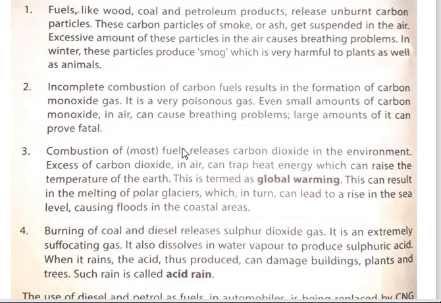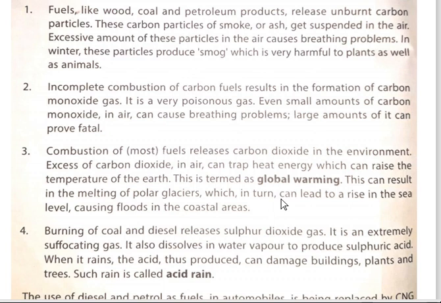Although carbon dioxide is required by us, it is needed in a limited amount, not in a large amount. Okay. Because a large amount will cause global warming.